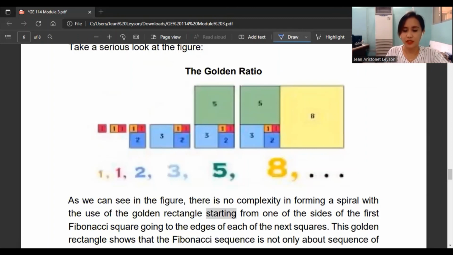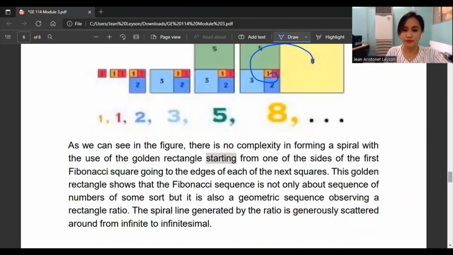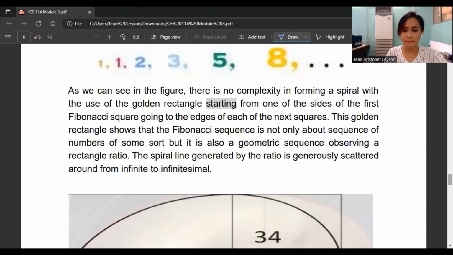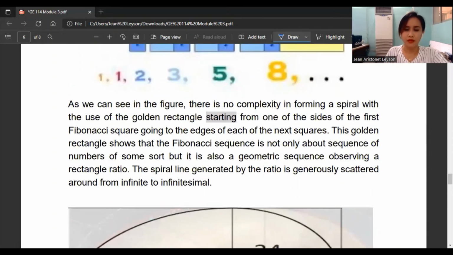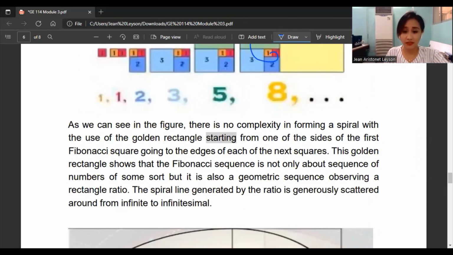So from here, we can actually draw a spiral. So as we can see again, there's no complexity in forming a spiral with the use of the golden rectangle, starting from one of the sides of the first Fibonacci square, going to the edges of each of the next squares.